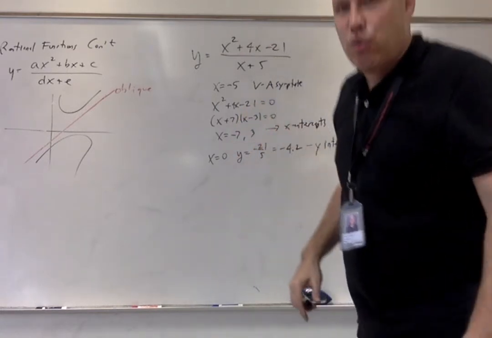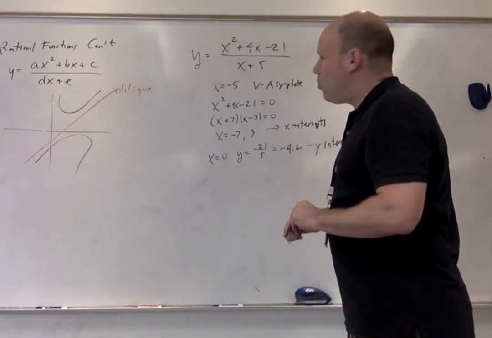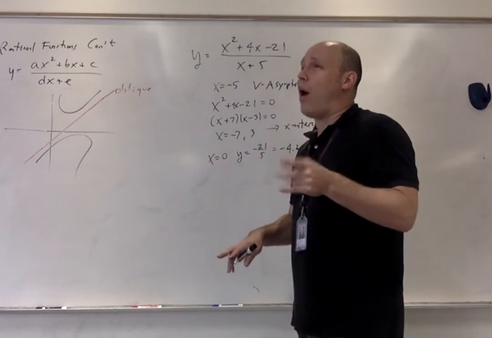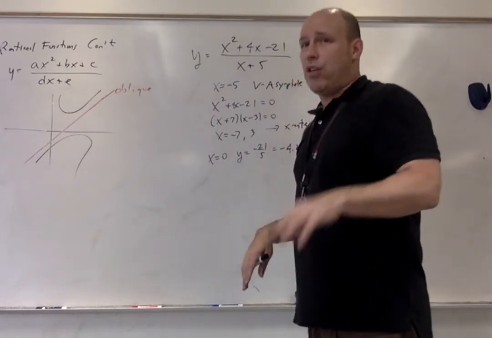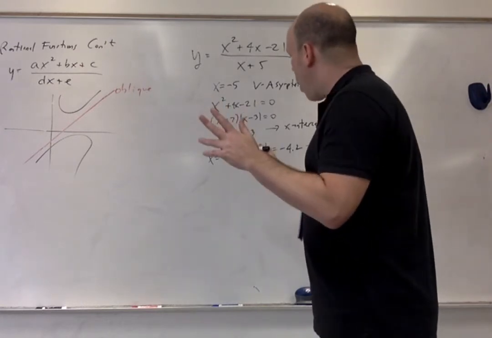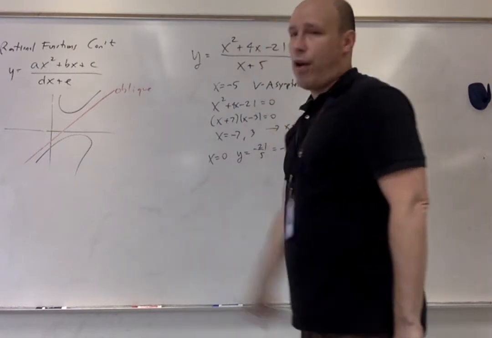Well, we have to do a little old school division. I taught this last year, and I said use synthetic division. So let's do synthetic division first. We're going to divide x plus 5 into the quadratic.